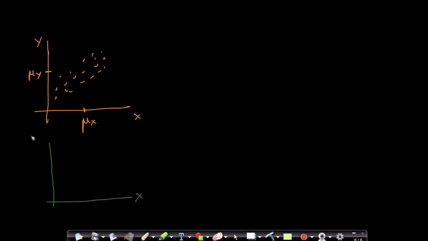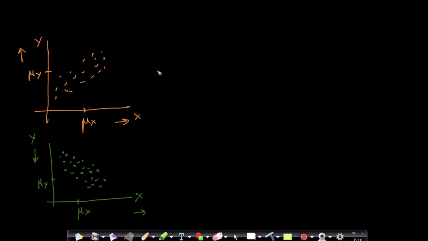I have my x here, my y here. Here in this case, as x increases, y also is increasing, roughly, of course not perfectly, but roughly. If you just look at the shape, it is going up like this. Now let's take another case where it's exactly the opposite, where as x increases, let's say y reduces. So here will be my mu x, here will be my mu y.